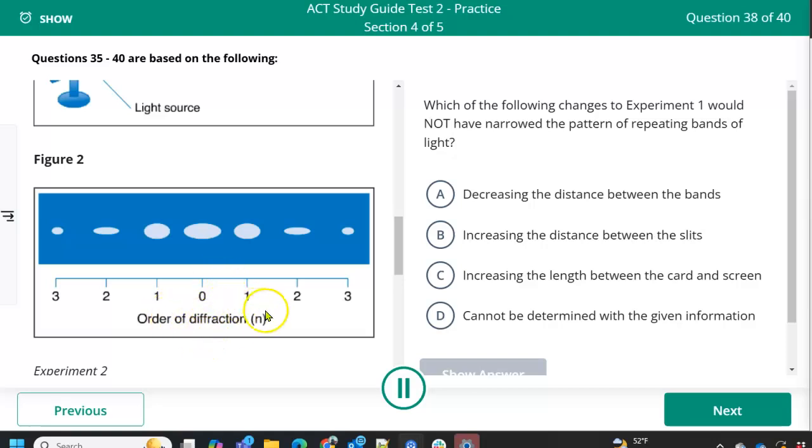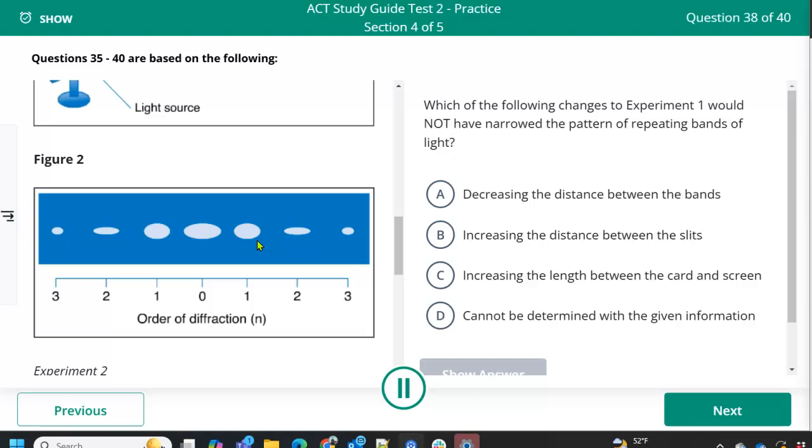All right, so the order of diffraction represented by n corresponds to the relative width of the pattern.